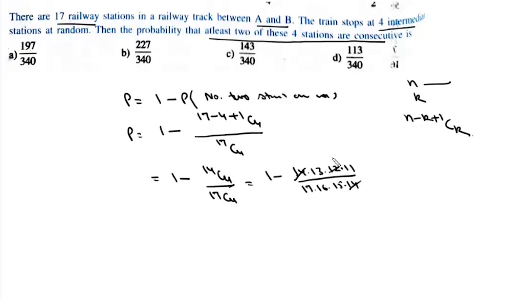Now this is 3 and 4 and this is 5. So this value is 1 minus 143 upon 340, which is 197 upon 340.